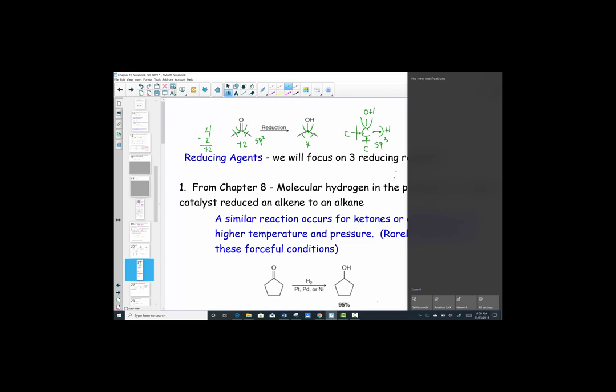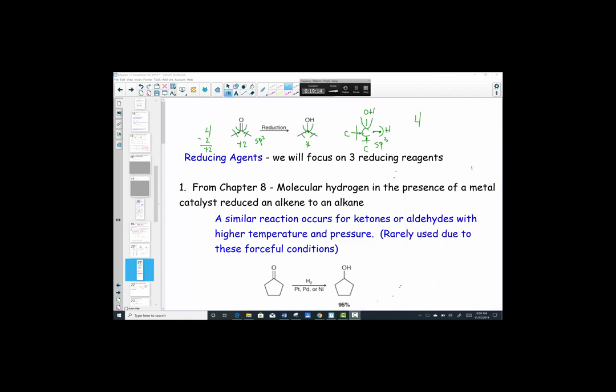And we assign all of those electrons, giving us an oxidation state of 0. So this is reduction simply because we started with a +2 and now we're at an oxidation state of 0. It's going down on the number line, becoming more negative is reduction.